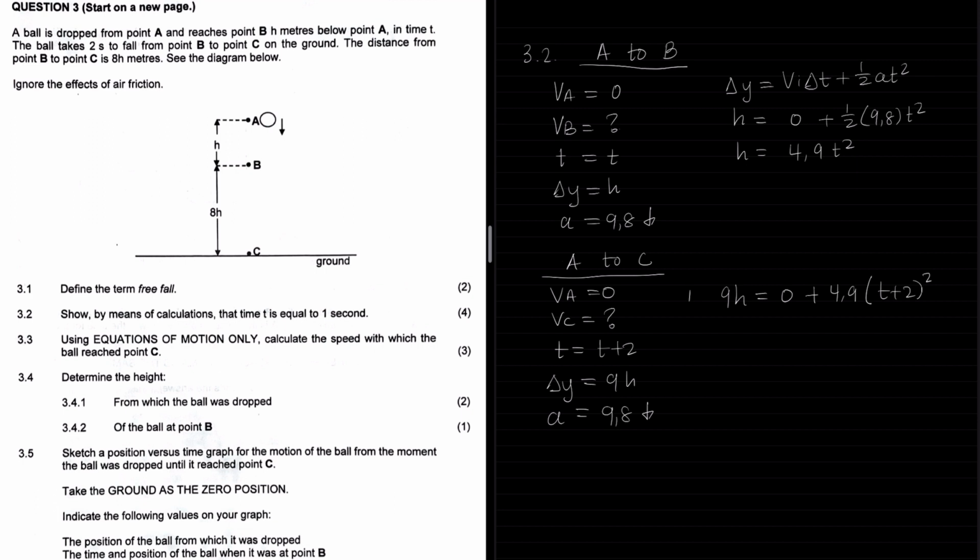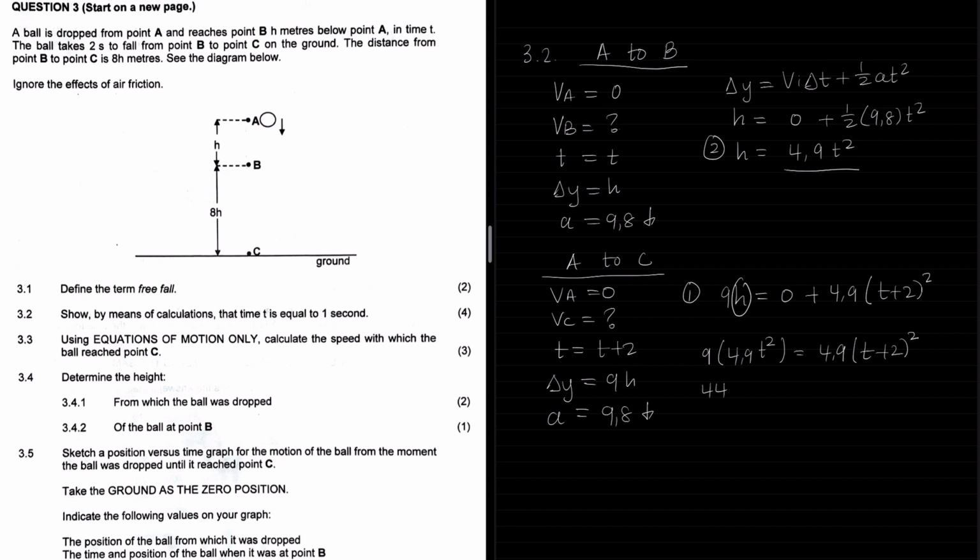Now I have equation 1 and equation 2. I'm going to substitute one into the other. So I'm going to substitute this value for h. So 9 into 4.9 t squared is equal to 4.9 into t plus 2 all squared. Now I can simplify. 9 times 4.9 is 44.1.